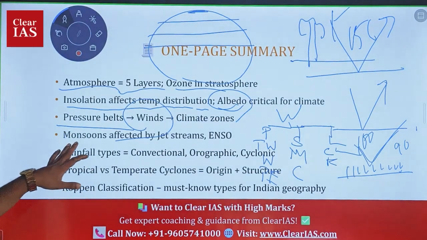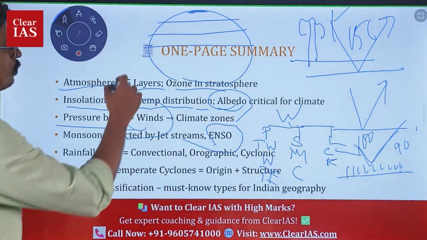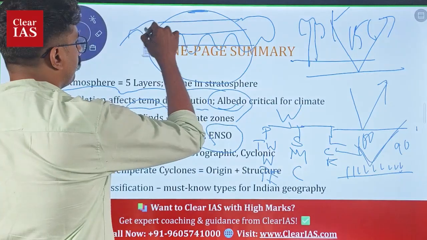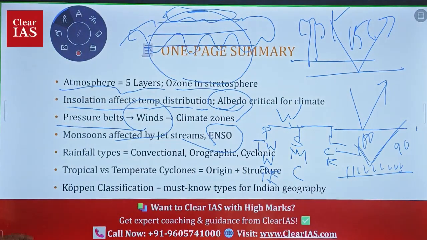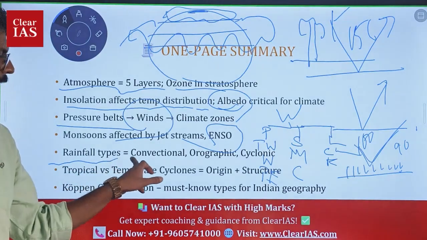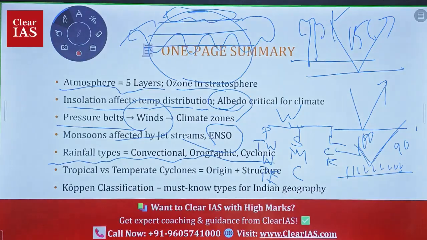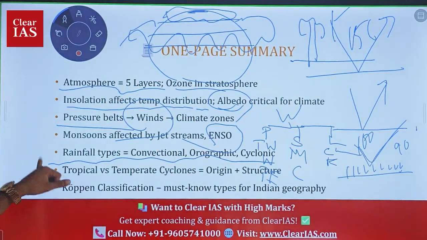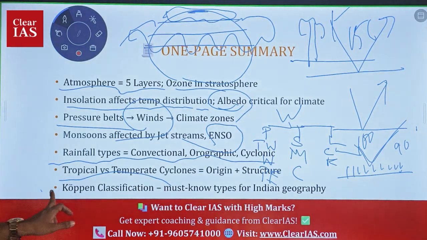Then today we studied El Nino Southern Oscillation, and jet streams, bands of air that move above the earth's surface, covering it like a garland. Rainfall types we studied: convectional, orographic, cyclonic, and one more, frontal. Very good. Then tropical cyclones versus temperate cyclones, and at last, Köppen classification.